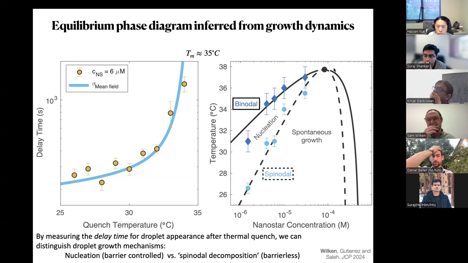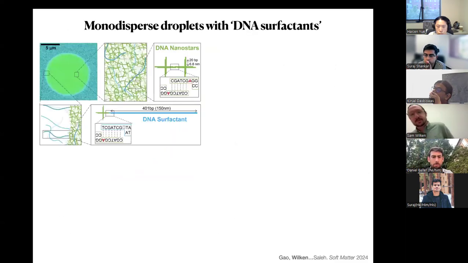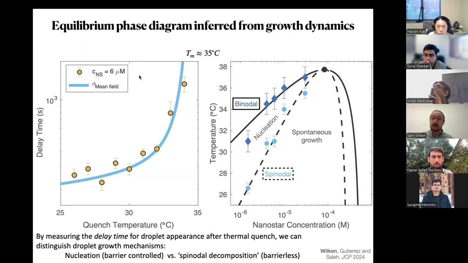The lines here are from the Wertheim theory, the blue diamonds correspond to the estimates of the melting temperature, and the light blue circles correspond to estimates of the spinodal temperature, that is where the nucleation barrier is roughly kT.